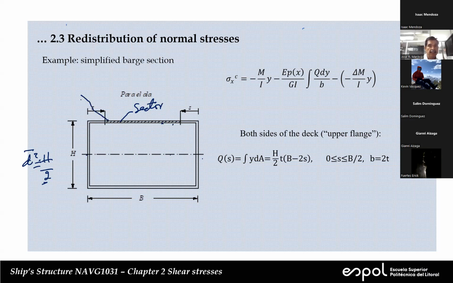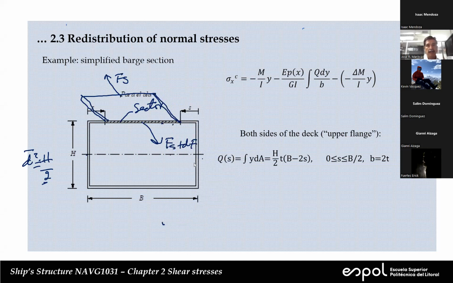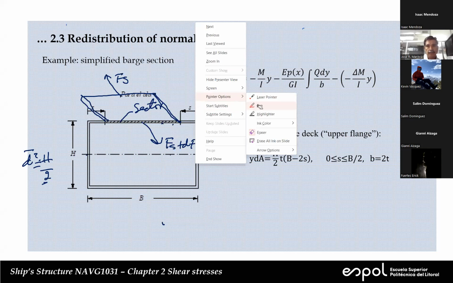So we have something like this, and like this. In this direction, I have Fs plus the differential. In this direction, we have F sub S. Now let me erase this.